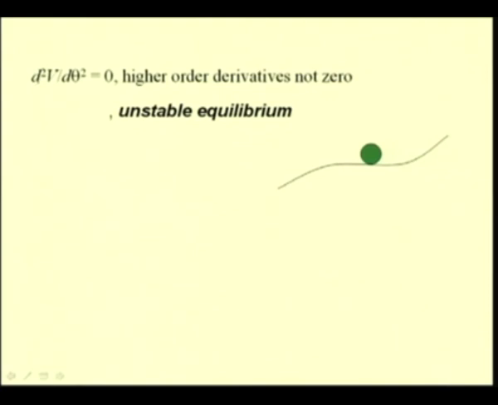If this quantity d square v by d theta square is 0 and higher order derivatives are not 0, that means the quantities d cube v by d theta cube etc. are not 0.